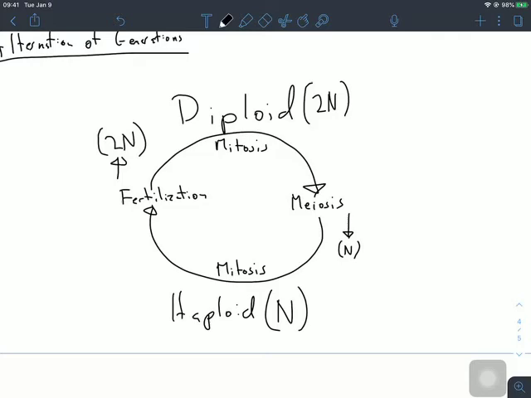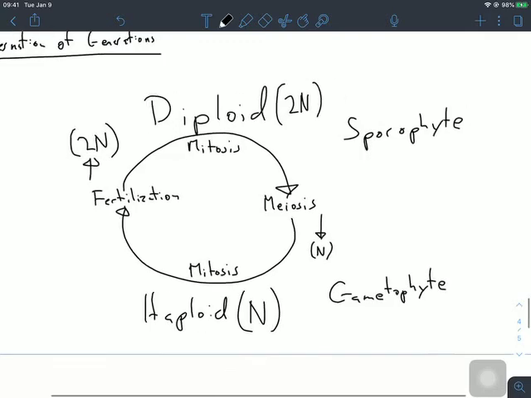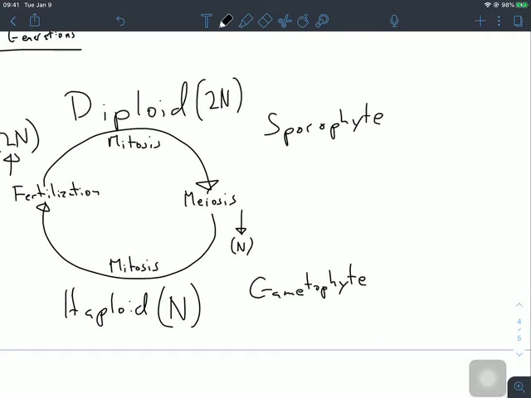The diploid generation we call the sporophyte. The haploid generation we call the gametophyte. And this distribution of sporophyte and gametophyte are not constant across all plants. The ancestral way, early land plants, things like mosses, well, they're actually gametophyte dominant.